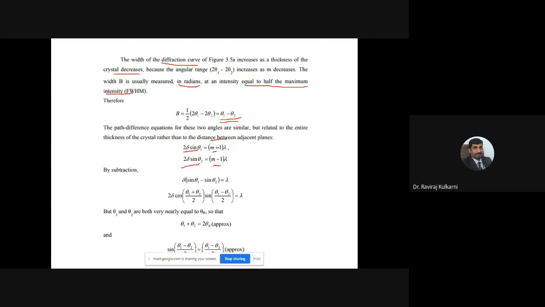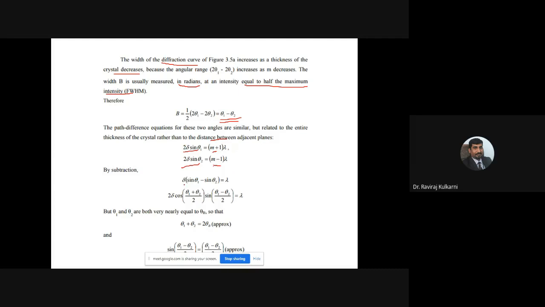So by subtraction, this minus this. The m cancels, and 1 minus (minus 1) becomes plus 2. The 2 cancels out here.